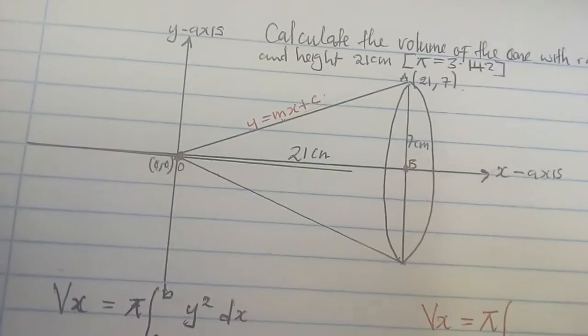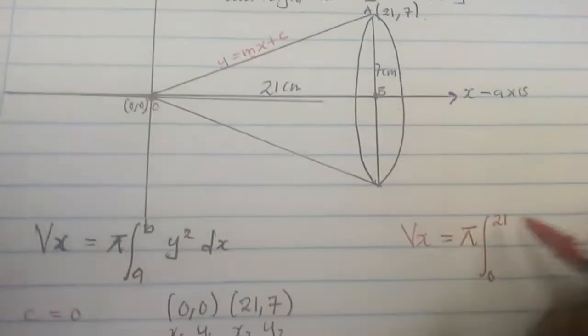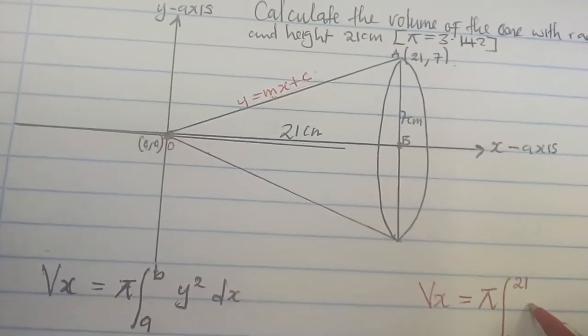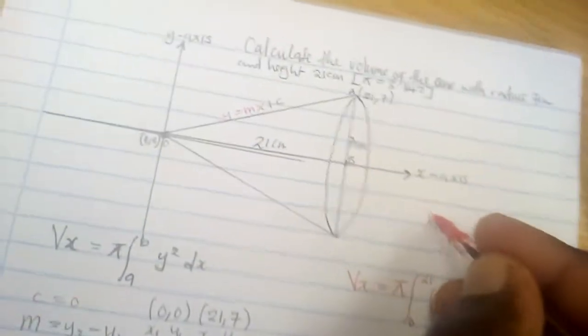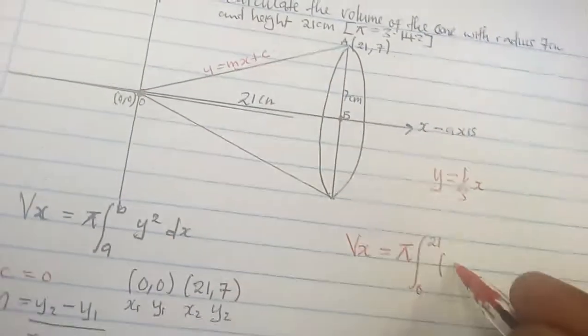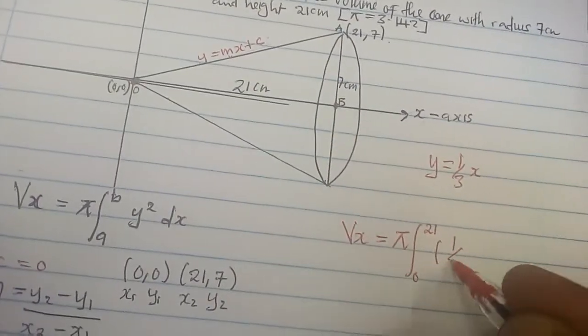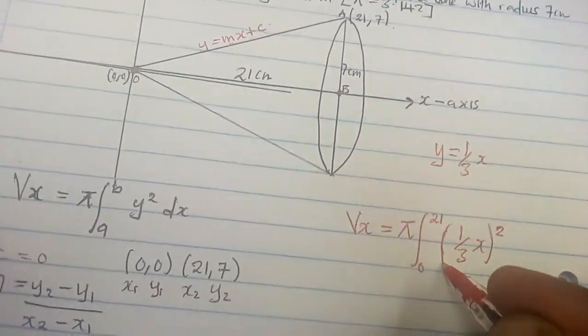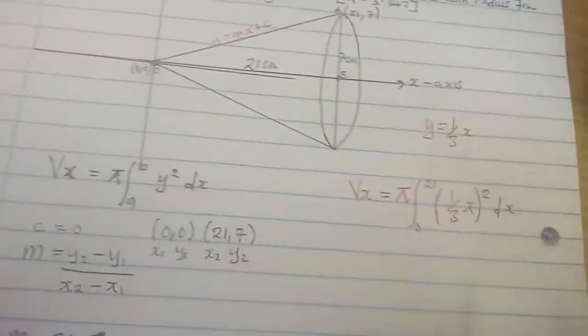So we are integrating from 0 to 21. Here we have y, and remember y is equal to 1 over 3 x, so it will be (1 over 3 x) squared, dx.